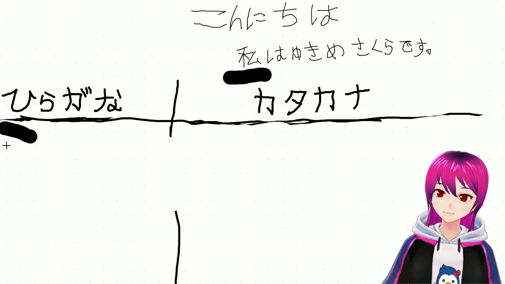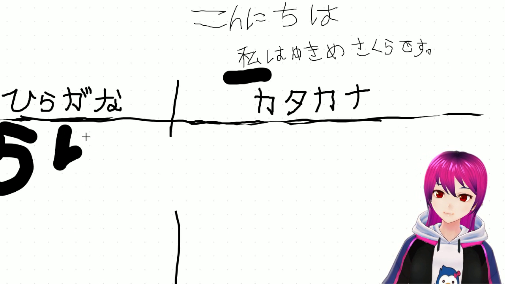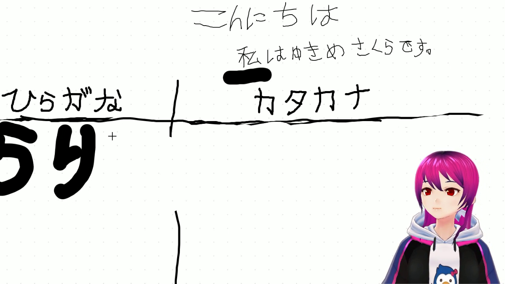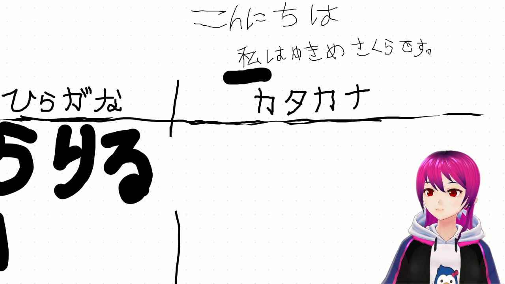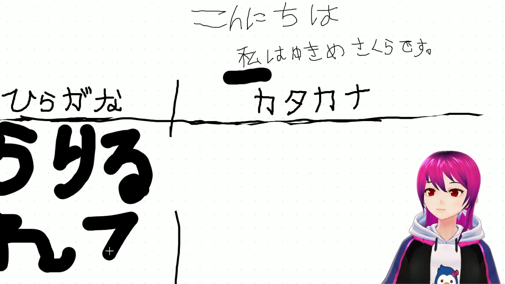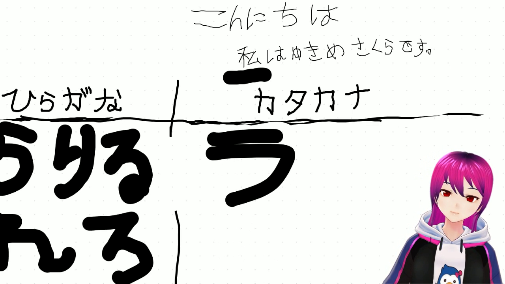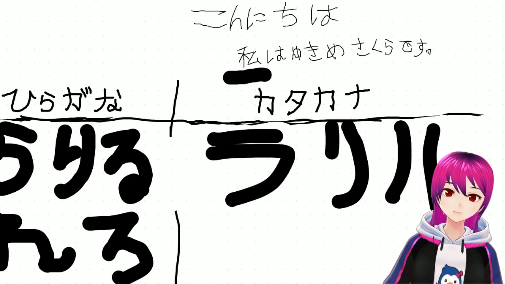Then we have the R series with ra, ri, ru, re, and ro, which looks like ra, ri, ru, re, and ro.